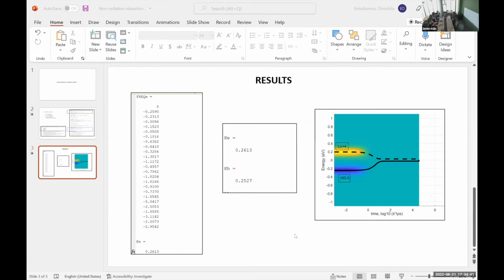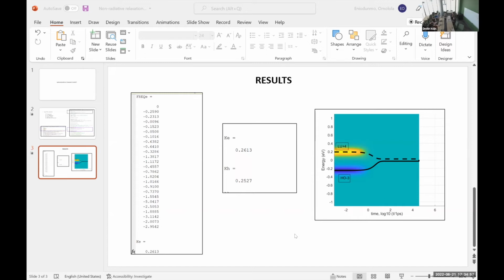Depending on the initial conditions, this KE and KH will be different because the combination of eigenstates for each initial condition will be different. These rates of relaxation can be compared to experiment.